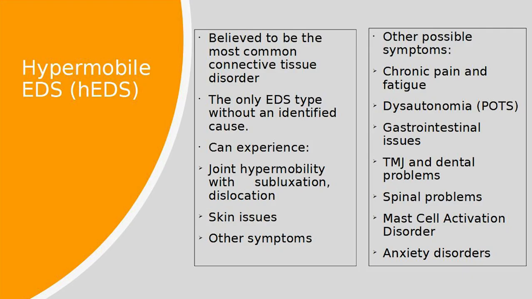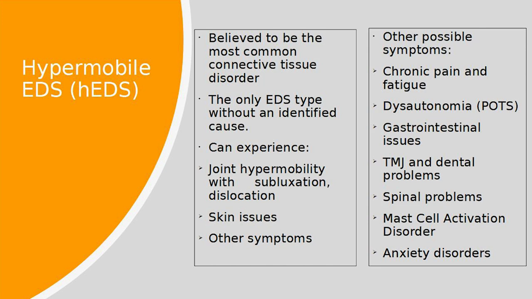So hypermobile EDS is believed, as I said, to be the most common connective tissue disorder. It's definitely the most common type of EDS. About 80 to 90% of people with EDS have this particular type.